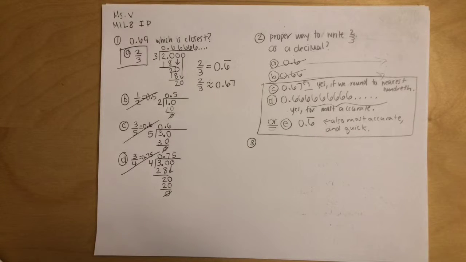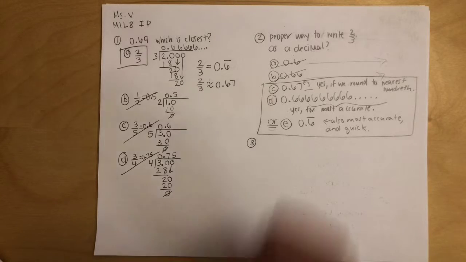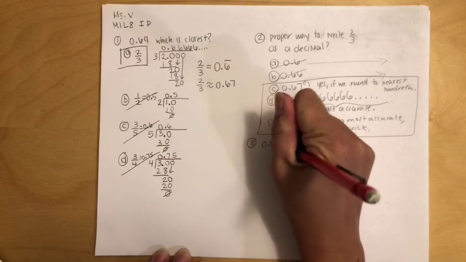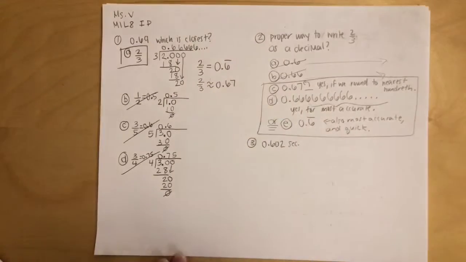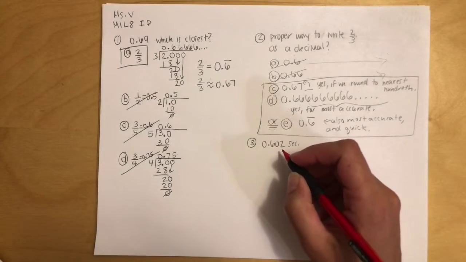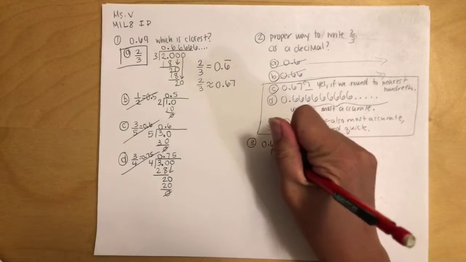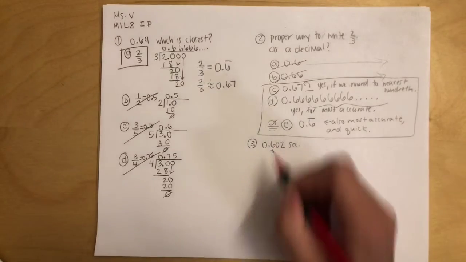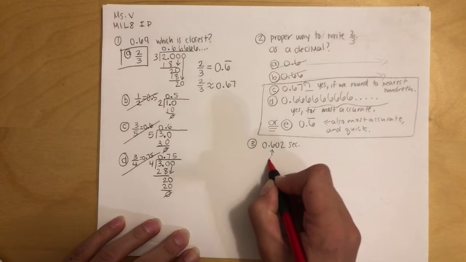The decimal part of a swimming race time was 0.602 seconds. Convert this decimal to a fraction and then reduce to the simplest form. Okay, well, 0.602. You first need to know what the different places are. Well, the first one after the decimal place is the tenths.